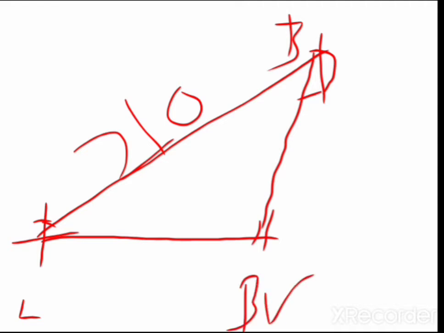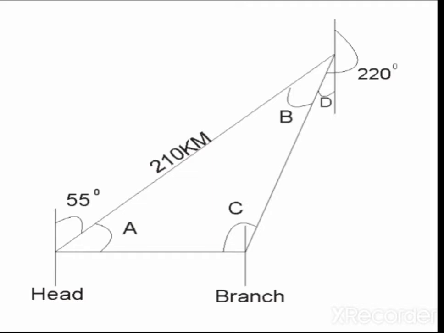So this is what we have at the end of the day in terms of the diagram. This bearing is 55 degrees, and this is 220 degrees. Let me share something so you have a better view of it. This is the head office.